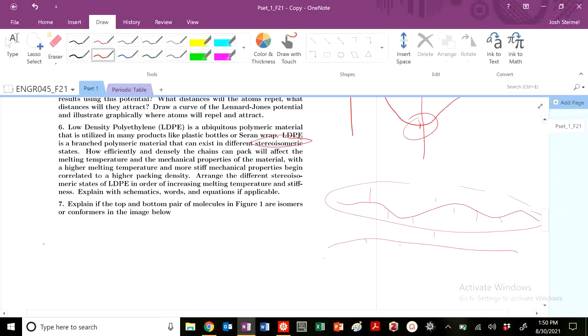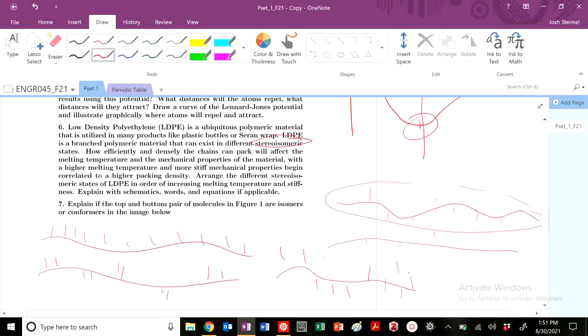Isotactic is, for example, all on the same side, syndiotactic is some repeating feature, and atactic is completely random. So you get the picture.